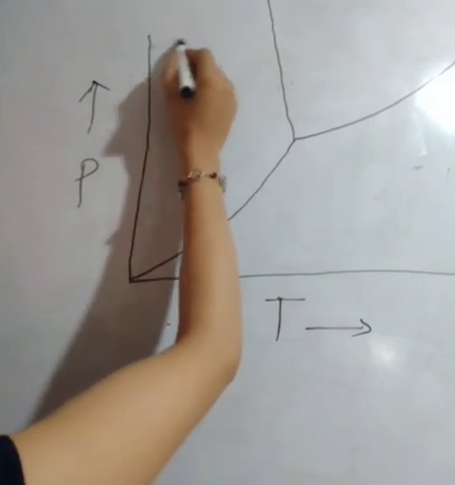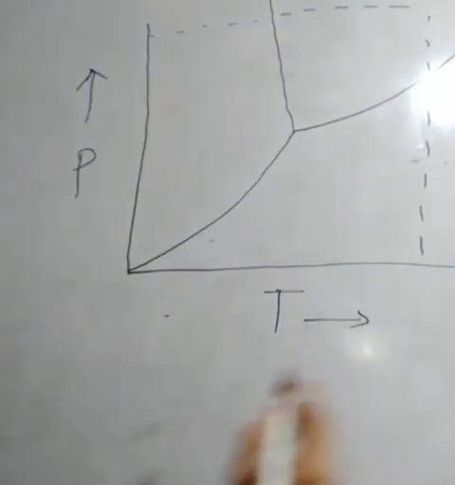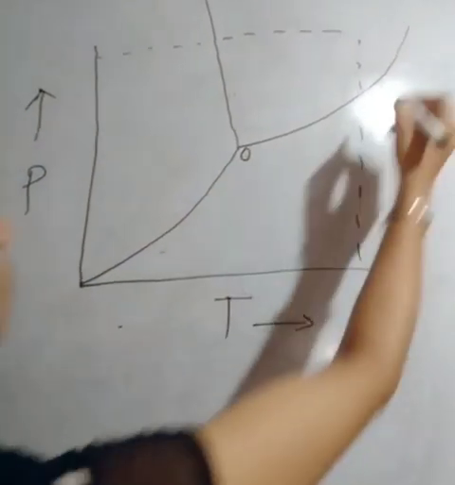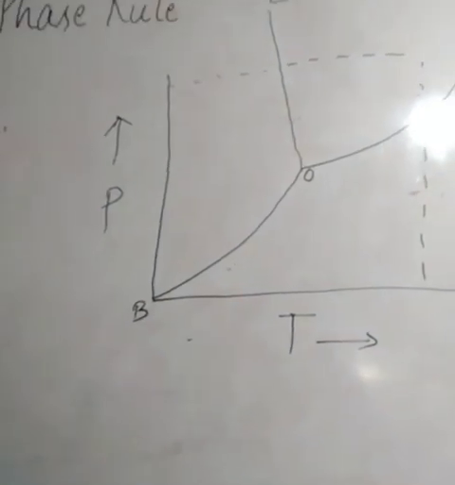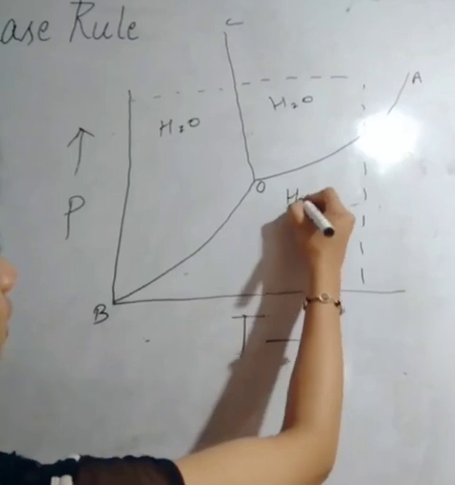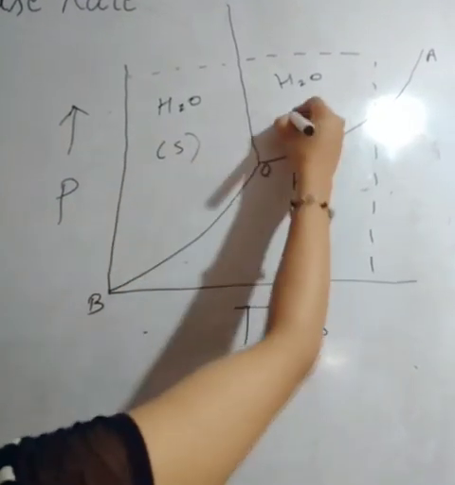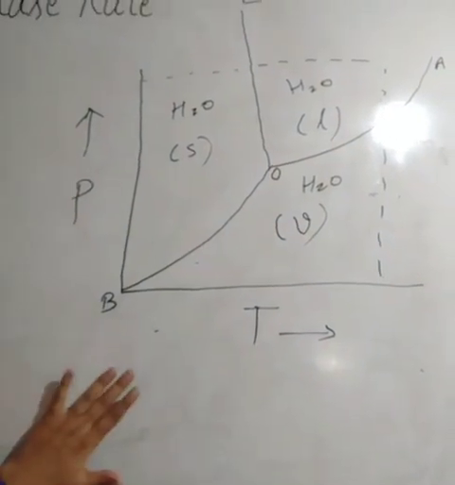And we know that water exists in three phases: solid, liquid and gas. I am marking the points: this is point O, this is A, C, B. Water exists in all the phases: solid state, liquid and vapor state. So this is the graphical representation.